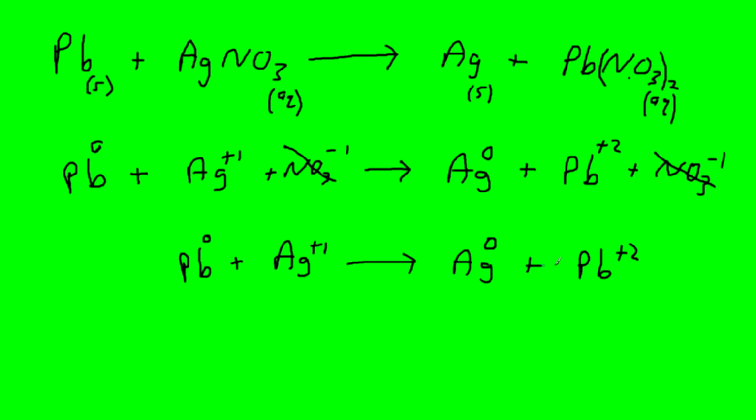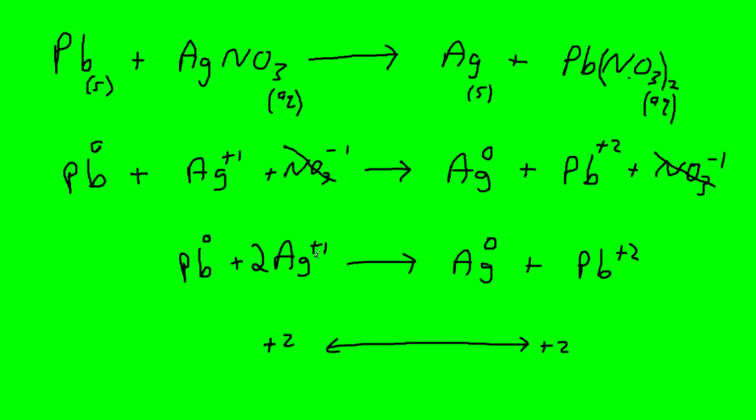So in order to balance these out, we have to get to a plus 2 charge on both sides. So we're just going to put a 2 in front of the silver. So now we have 2 positive 1s, which is a positive 2 on this side total, because this is 0. And then over here we have the plus 2 from the lead. So these are the same charge. That means they're balanced.